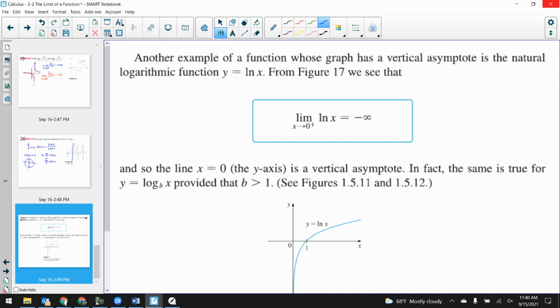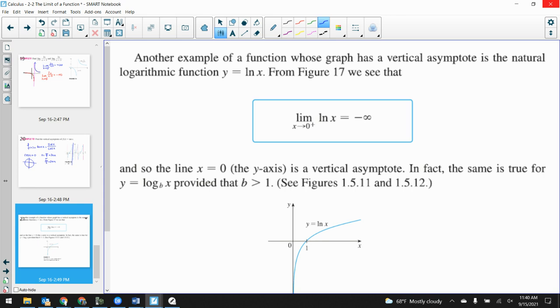Last thing here, when else do we have vertical asymptotes? We also have vertical asymptotes when we talk about logarithms. That's the last place where we see vertical asymptotes. We see vertical asymptotes in tangent, in rational functions, and also in logarithmic functions. I don't want to say the only places, but that's most of the times where we see vertical asymptotes.